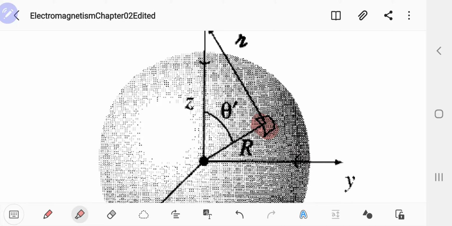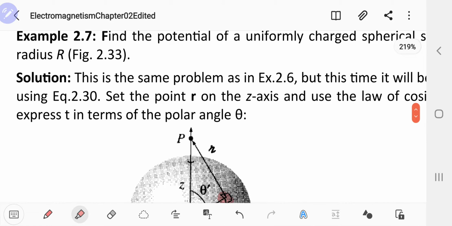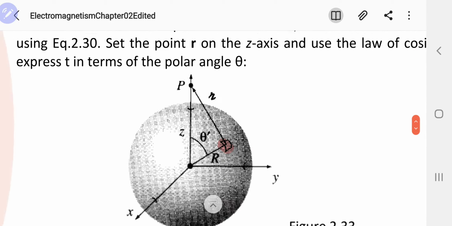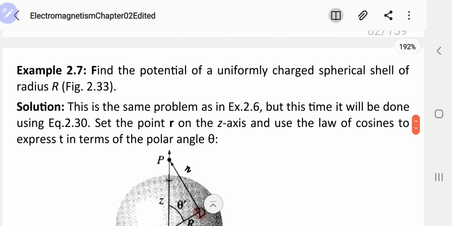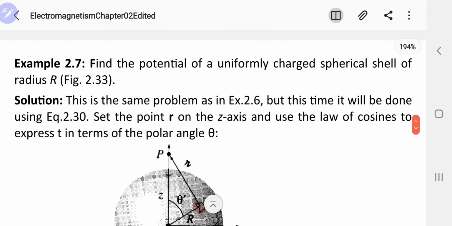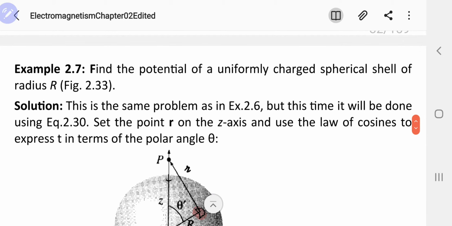And you are going to find the potential either inside this shell or outside the shell.